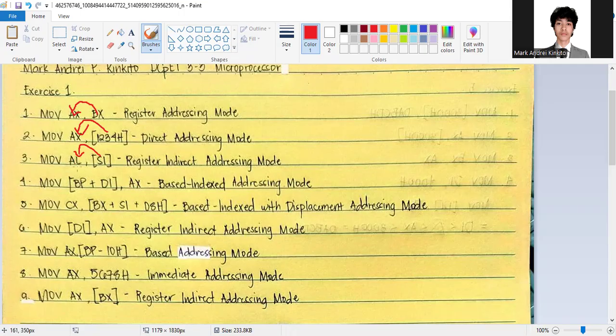Next is moving AX into the sum of BP plus DI. So it's base index addressing mode because the offset address of the operand is computed by summing the base first.